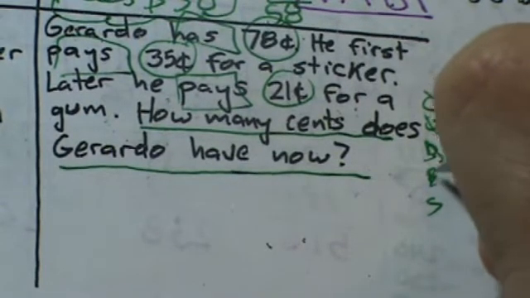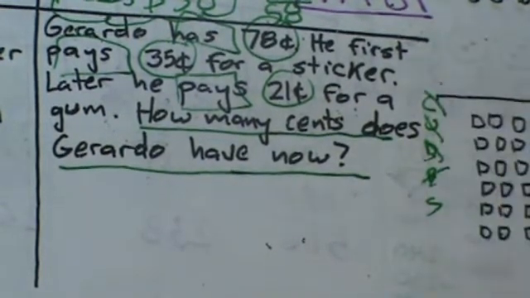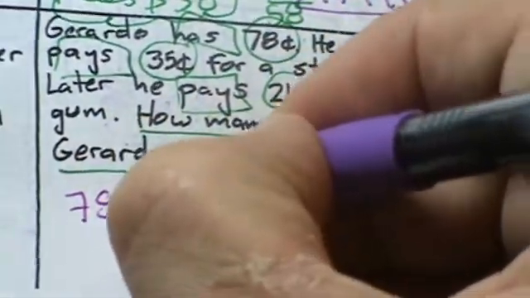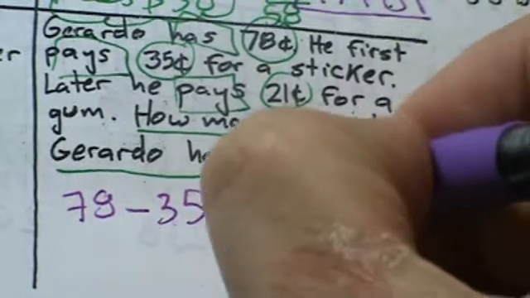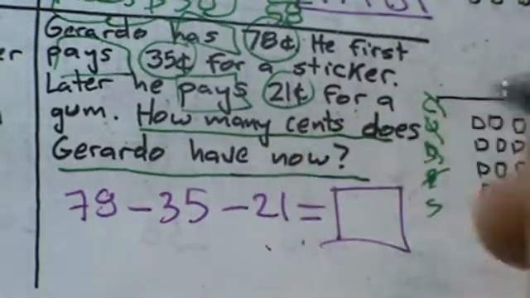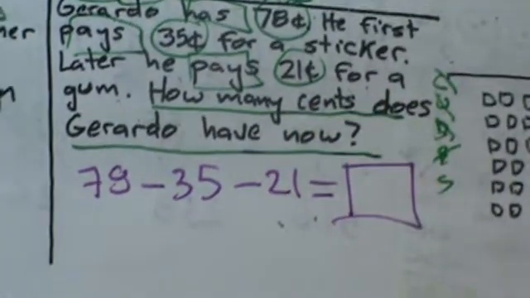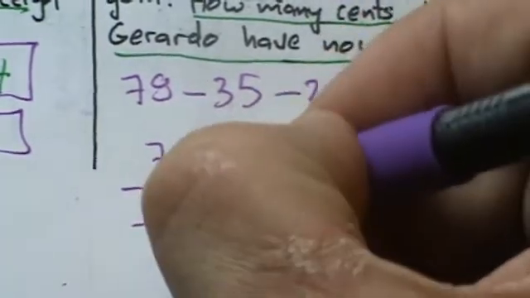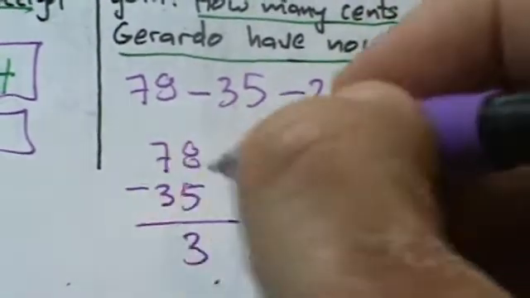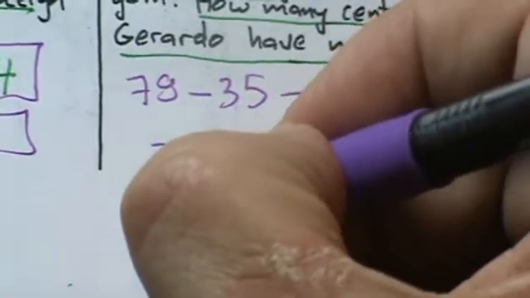Now, equation or strategy. I'm going to use an equation. So he had 78 cents, he pays 35, and then he pays 21. How much does he have now? So we've got to subtract 2 times. 78 minus 35. 5 para llegar a 8, or 8 minus 5 is 3. 7 minus 3 is 4.